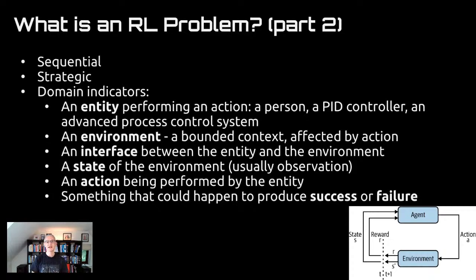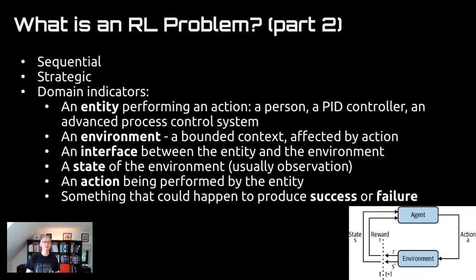So the point there is, strategic decision-making problems are a good problem to have for RL. Compare and contrast that with a single one-shot decision-making scenario, which might be better off solved by machine learning.